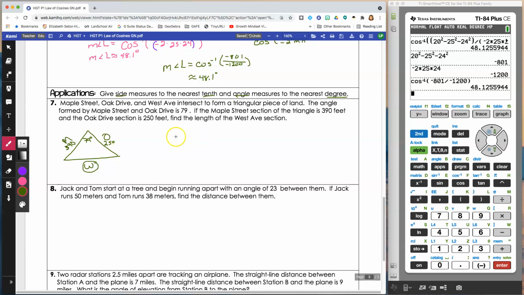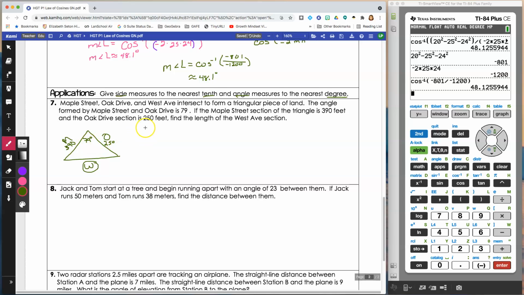Okay, so this is a side-angle-side situation, which allows us to use the law of cosines. The law of cosines relates the side opposite an angle with an equation.